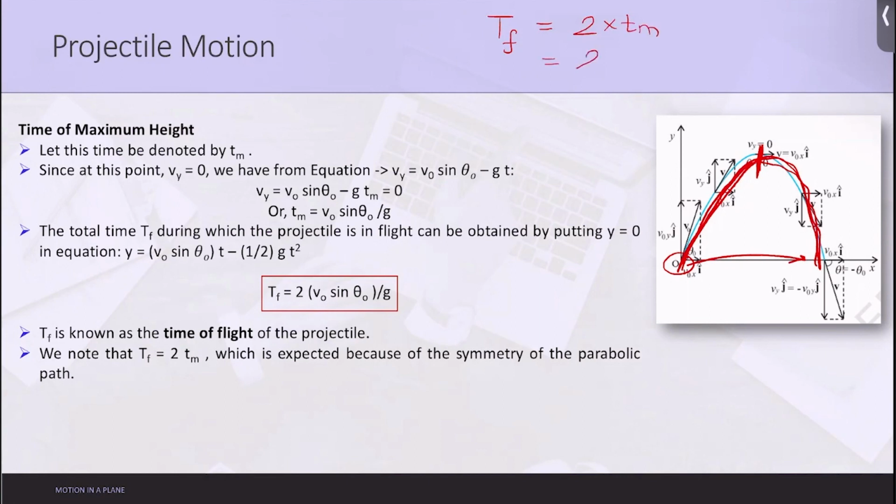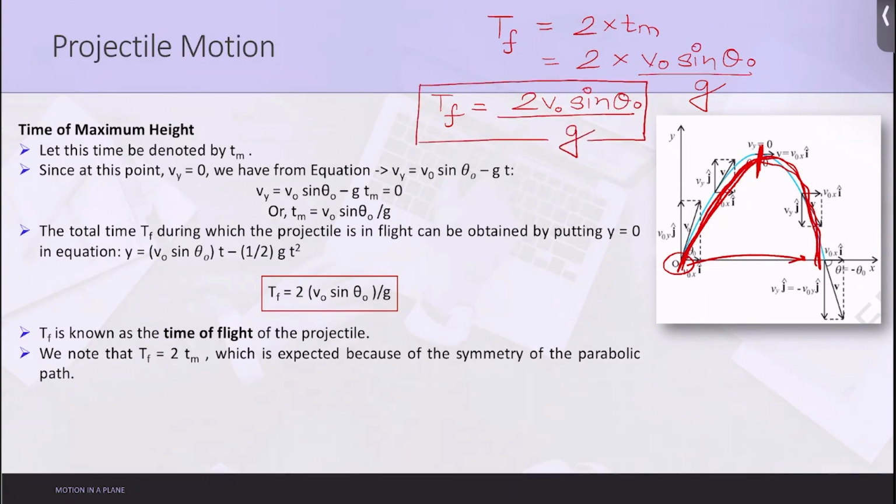What was Tm? It was equal to v naught sine theta naught by g. And so Tf is nothing but 2 v naught sine theta naught by g. Okay, so that was the total time required for your projectile for the complete motion, let's say, from ground to ground.